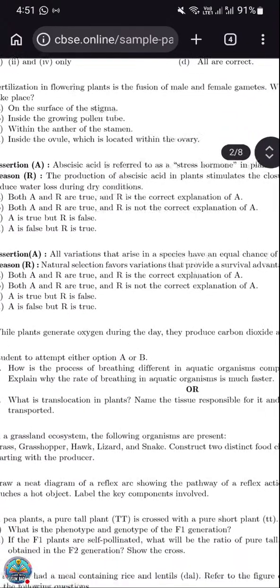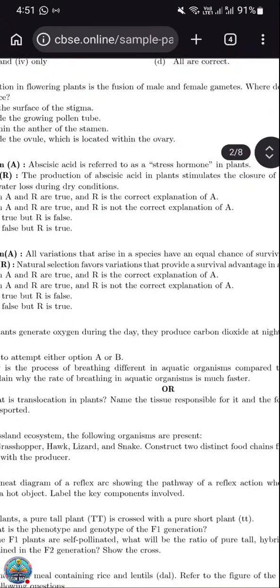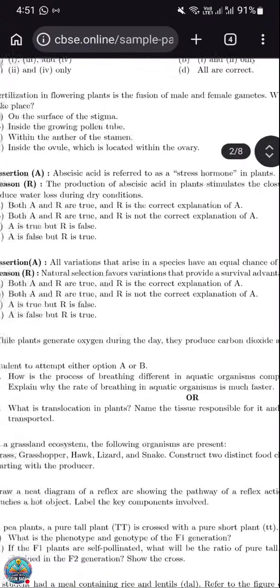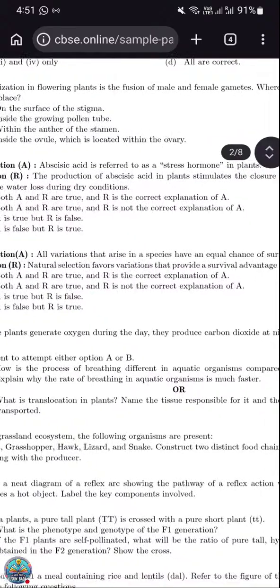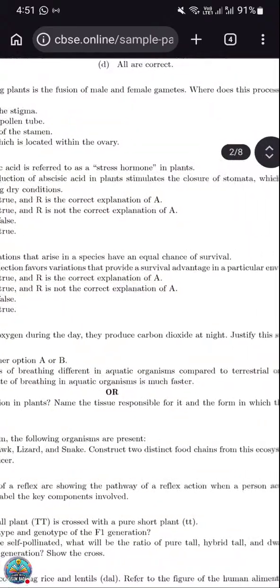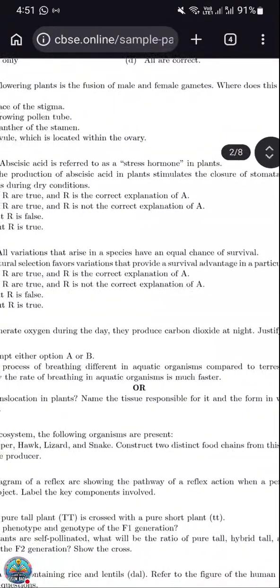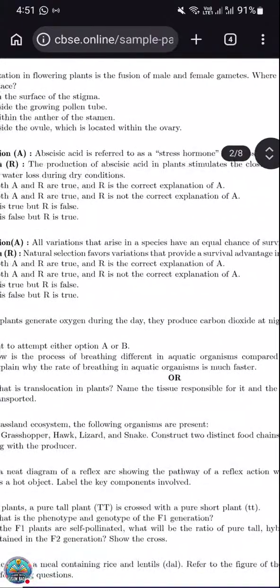Now next question. Assertion: all variations that arise in species have equal chances of survival. Reason: natural selection favors variation that provides a survival advantage in a particular environment. So can you say the answer? Which one is correct, assertion and reason?